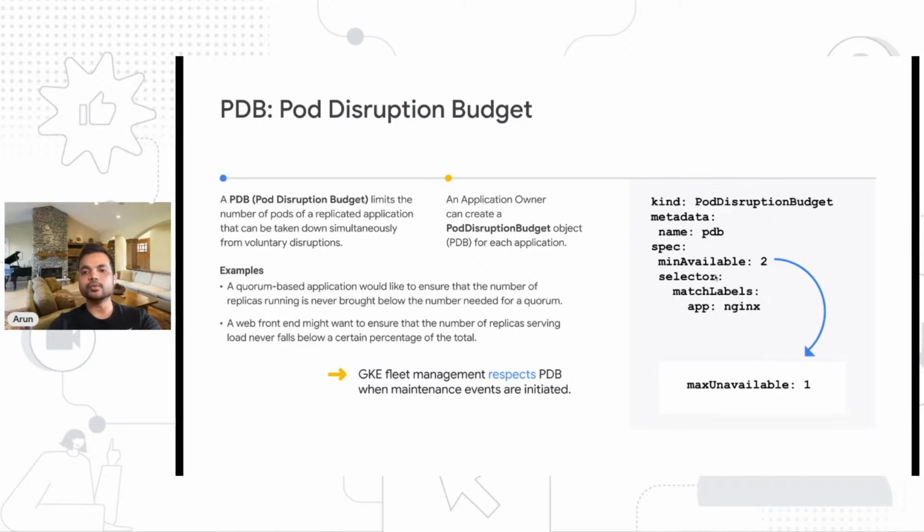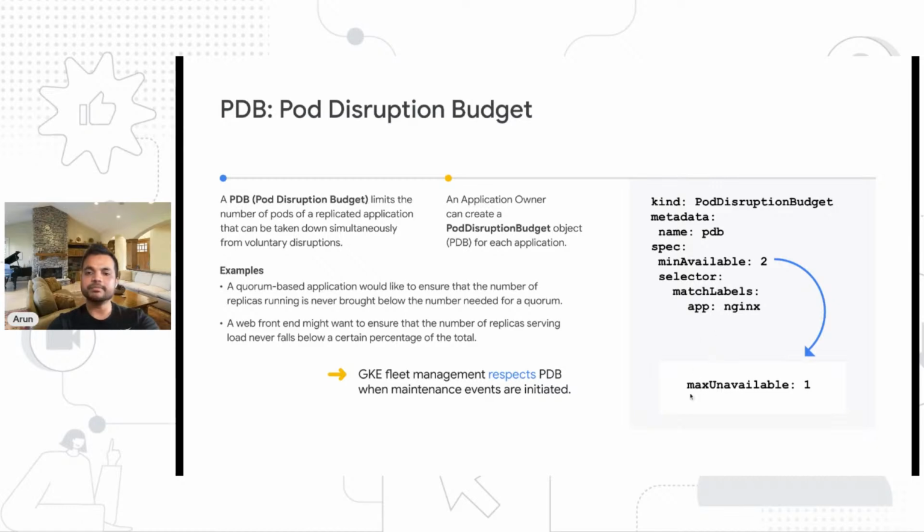Let's say you have a replica set which has 3 pods, right? And you do not want your application to go down by more than 1 pod when your node is upgrading. So the setting that you would like is minimum available 2. GKE will always respect your PDBs, and we will make sure that you always have 2 pods available at all times, given the settings that you have provided.